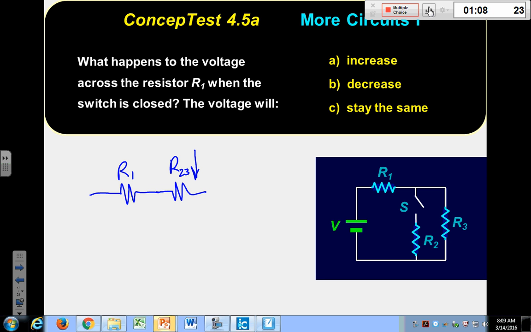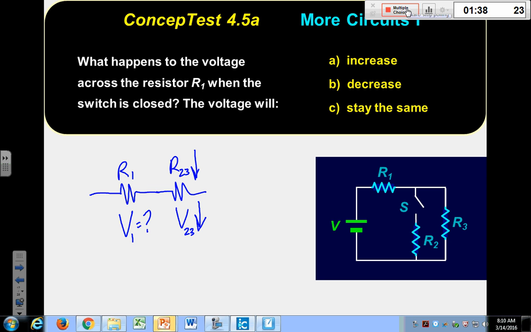This has decreased in equivalent resistance by adding R2. That means the voltage across this resistor has gone up or down by adding resistor 2. If my resistance goes down, what happens to my voltage? It also goes down. So now I'm asking what happens to the voltage across R1? Does it increase, decrease, or stay the same?